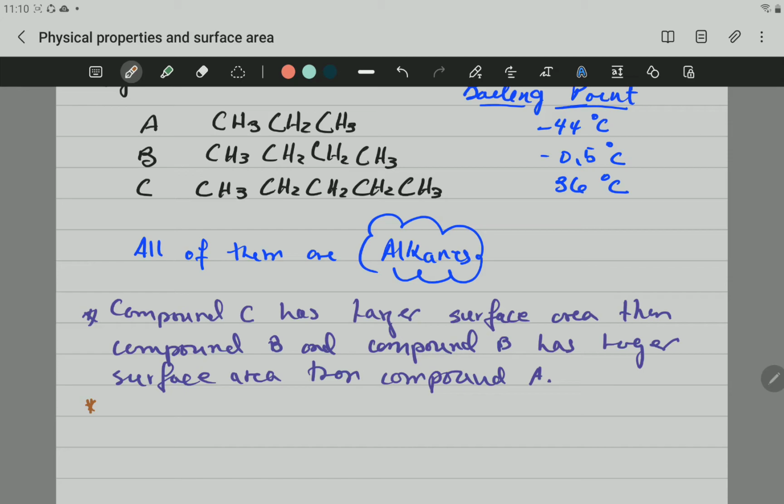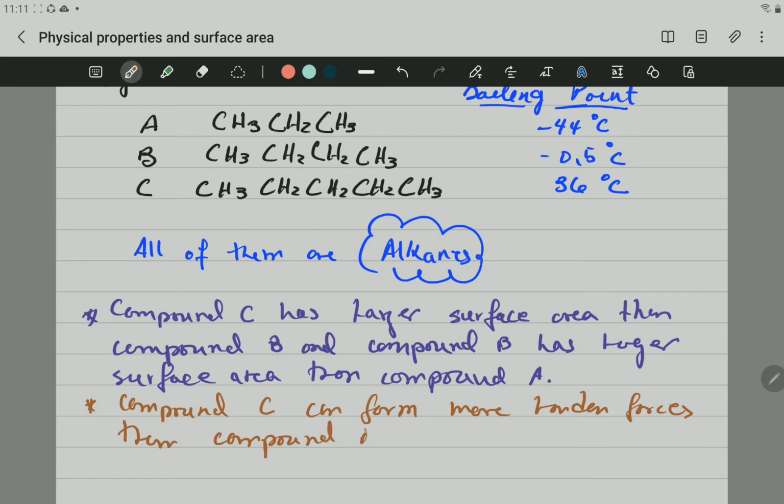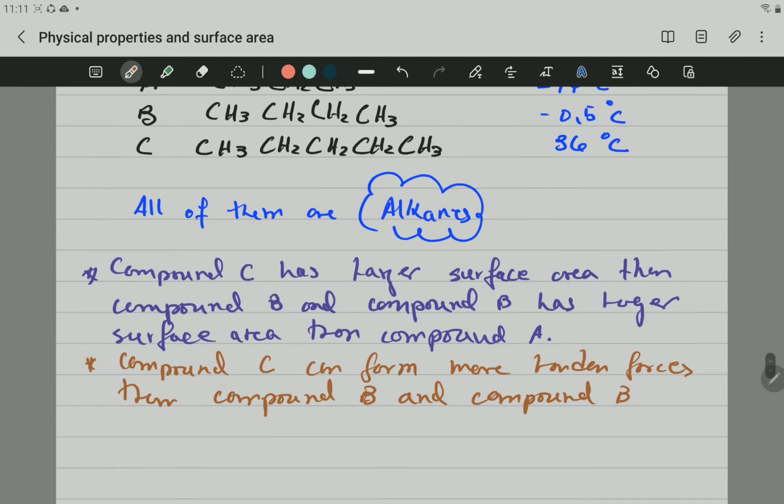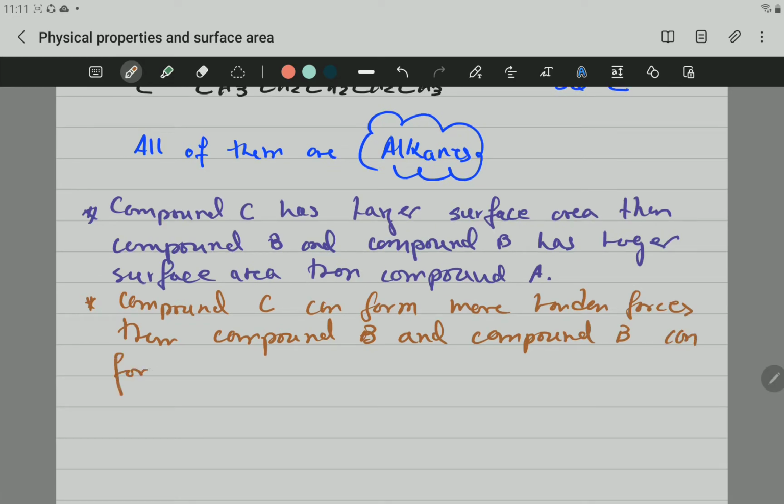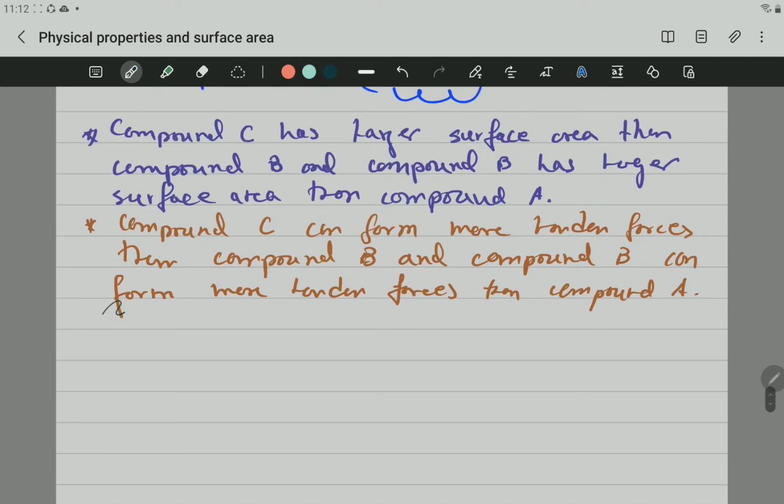So compound C can form more London forces than compound B, and compound B can form more London forces than compound A. Now we are going to compare the strength.